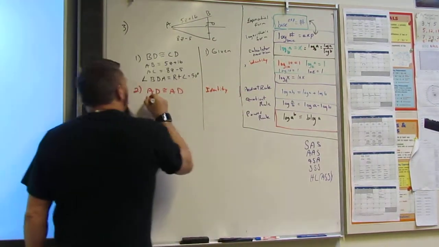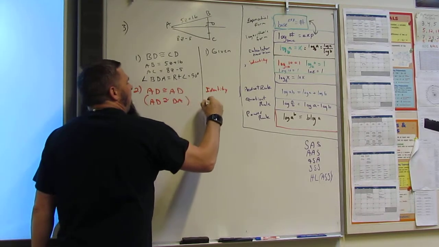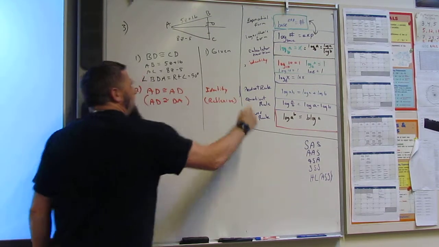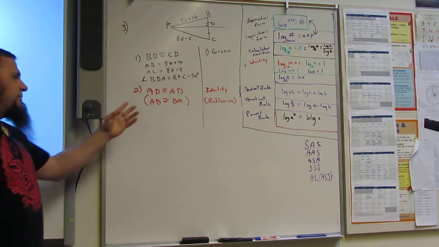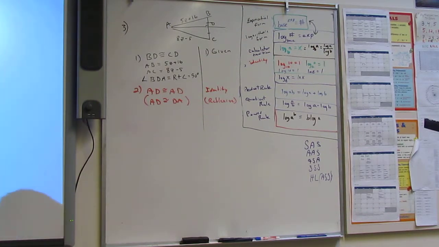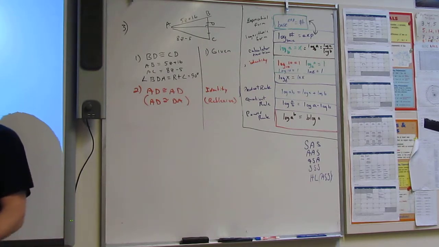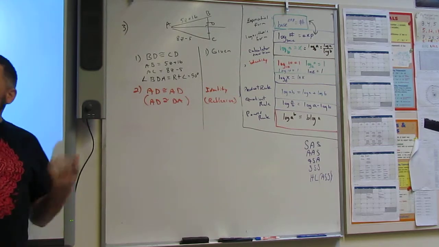If you have AD is congruent to DA, that's reflexive. If you have AD is congruent to AD, that is identity. Two different things. That's why I made it a point of saying it wrong.